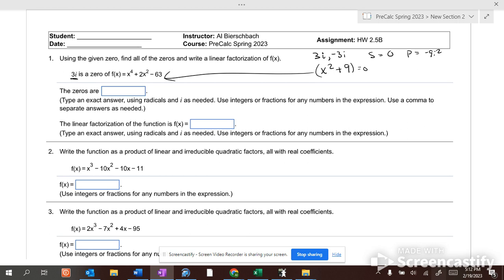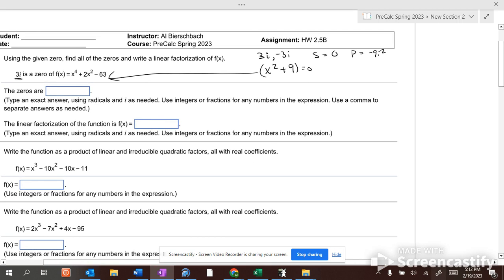Well, if we use polynomial long division like we did a few days ago, where we have x squared plus 0x plus 9 here, and then x to the fourth plus 0x to the third plus 2x squared plus 0x minus 63 here, we can find the trinomial that works for this.